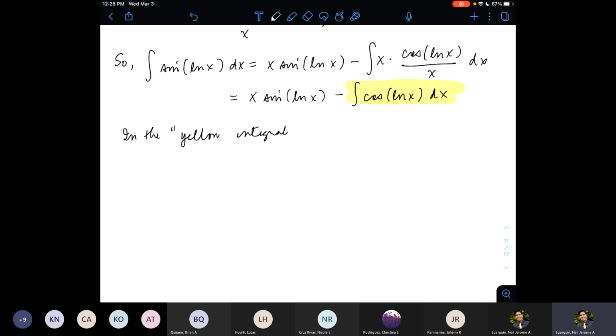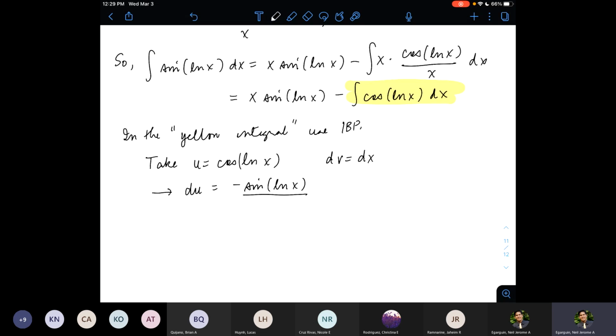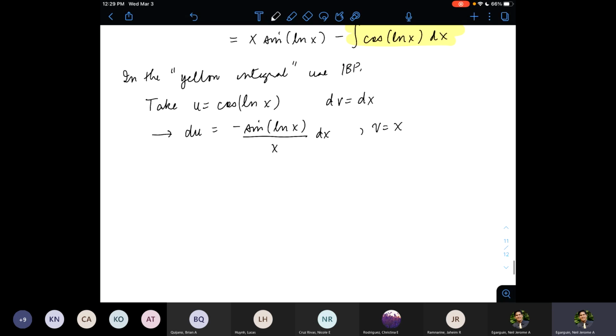Perhaps I'll put the quotes here. We use IBP again, right? We take u to be equal to cosine of ln x, and dv is equal to dx. Du then will be equal to negative sine of ln x over x dx. Again, I apply the chain rule there, and v is equal to x.